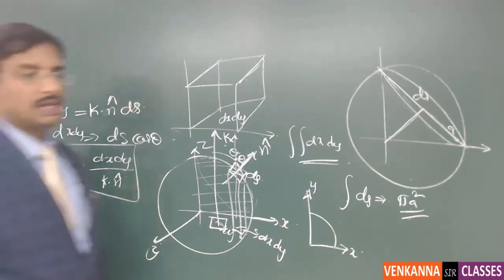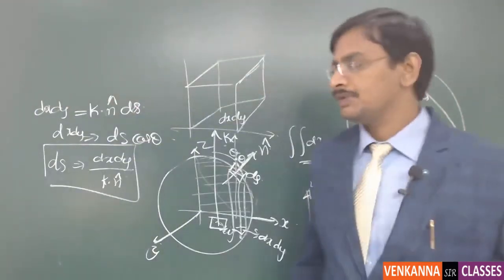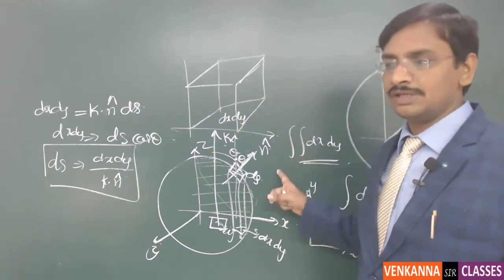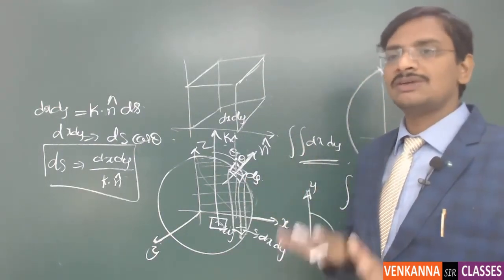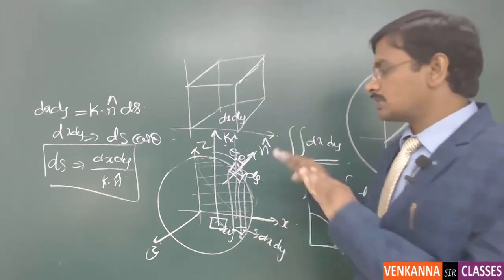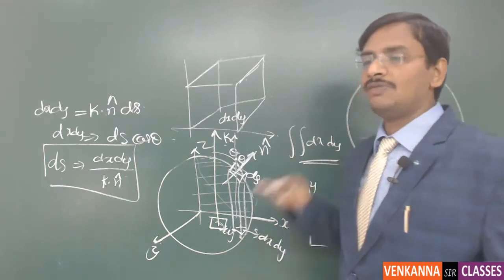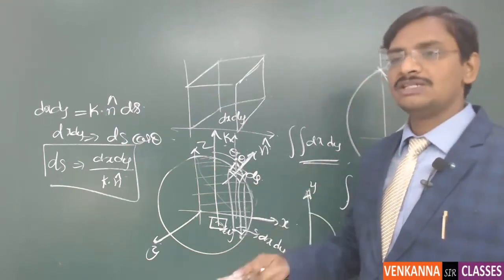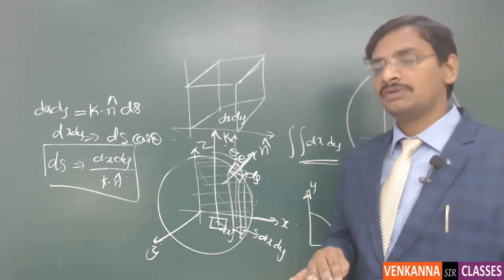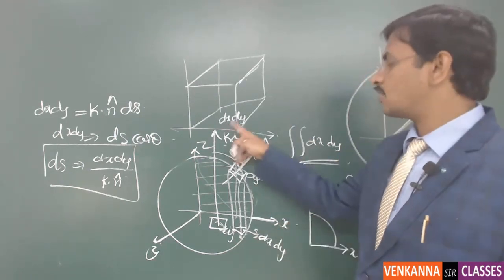So this way you have got a beautiful relation. You don't know how to find out the curved surface area. You know only the methodology of finding out a surface area or a plane area which is exactly projected onto any of the xy plane, or if it is parallel to the xy plane or the yz plane or the zx plane, then only you know the method of finding out the area. So for that you will be using the standard coordinates dx dy.